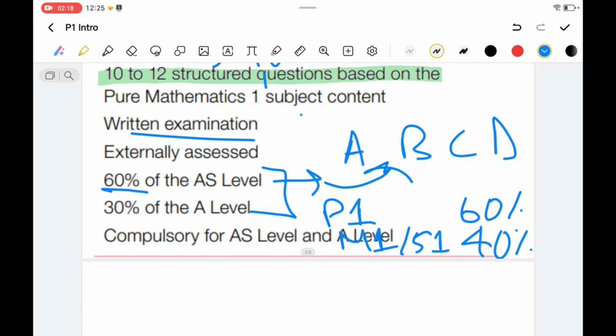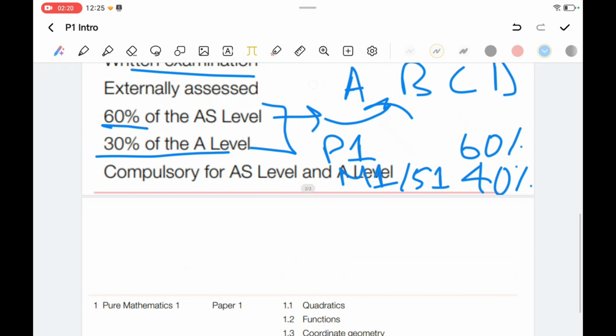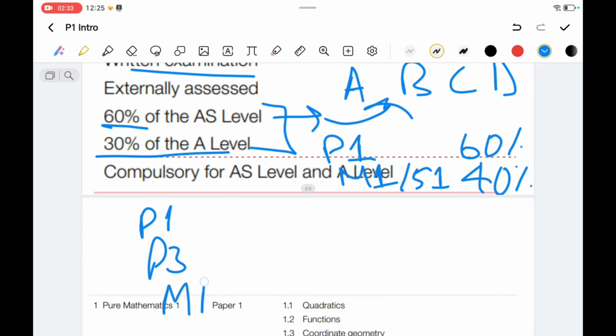In combined A levels, there are four papers: P1, P3, and usually what students opt for in Pakistan, M1 or S1, and S1 or S2. S2 is common in Karachi, in the northern areas of Pakistan, or even Multan.